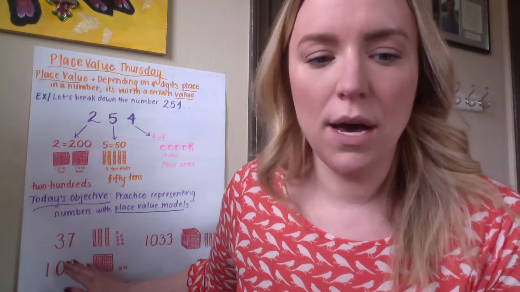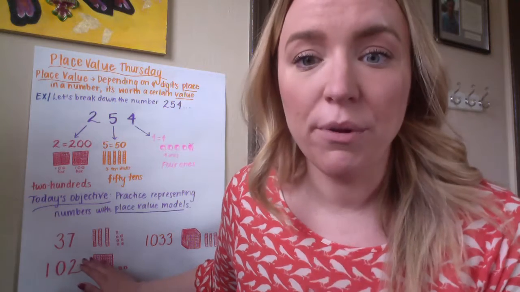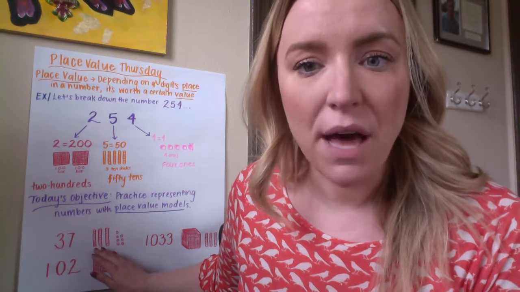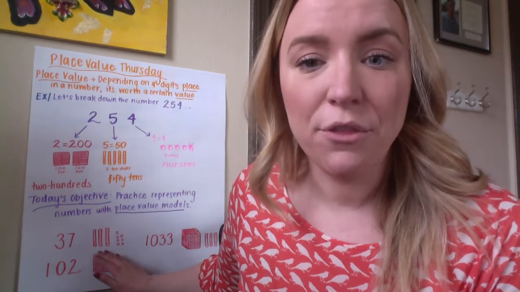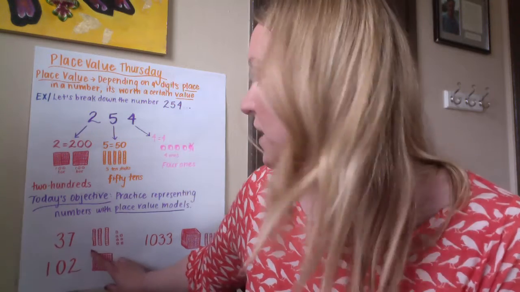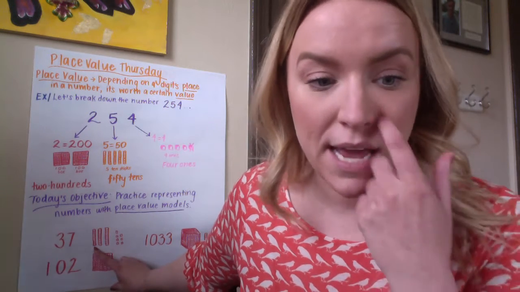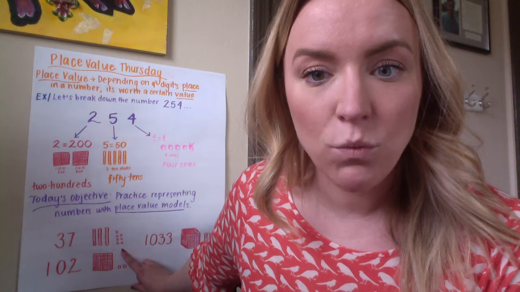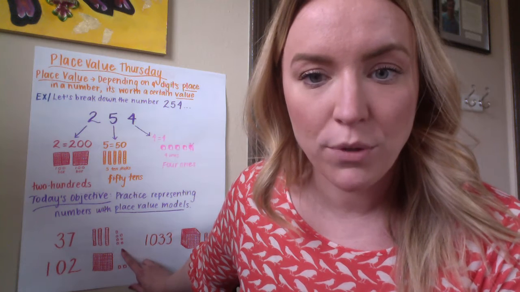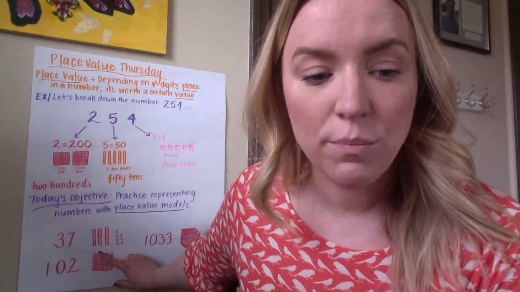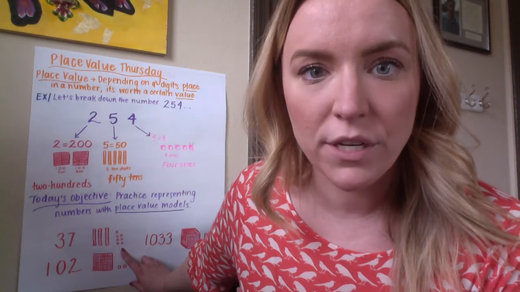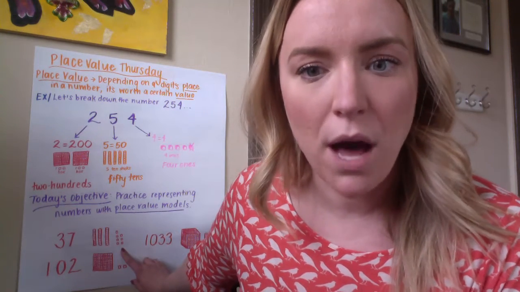So when we represent the number 37, for example, with our place value models, we just need 3 10 sticks, right? Each of these sticks represents 10. So this would be 10, 20, 30. And then we have 7 ones, or 7 cubes, that represent our ones. So together this would be 37.